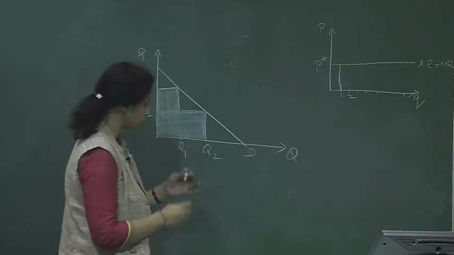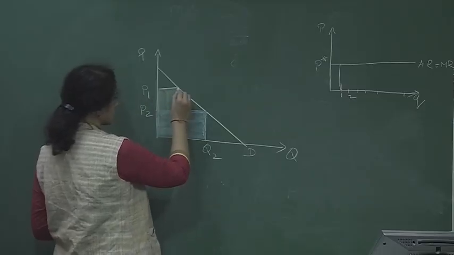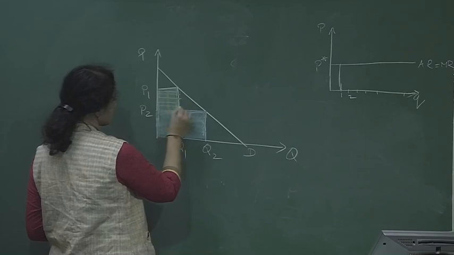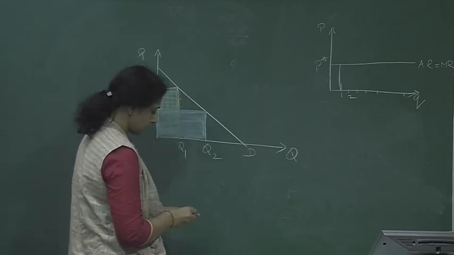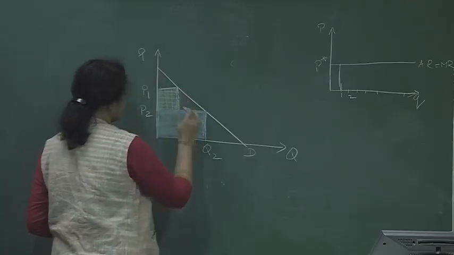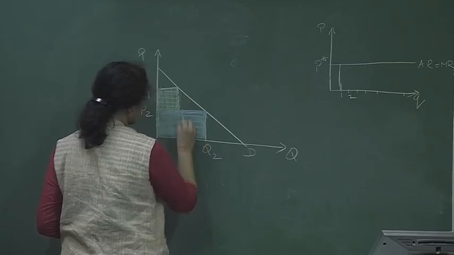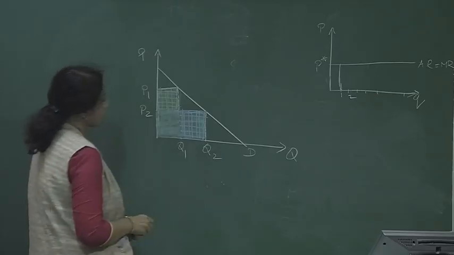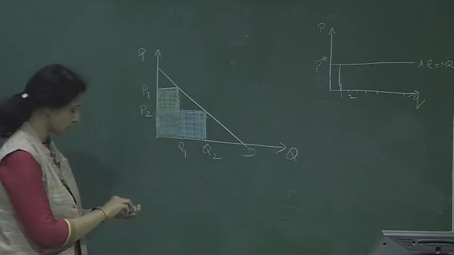So, what is happening here? He is losing this rectangle here, and he is gaining this revenue, the blue rectangle here. So, he is gaining this rectangle and he is losing this rectangle.